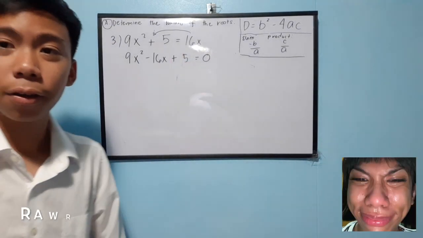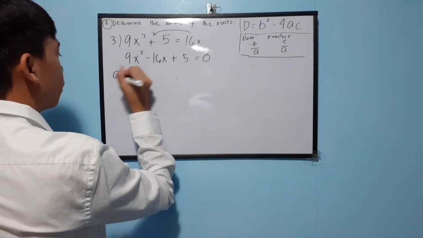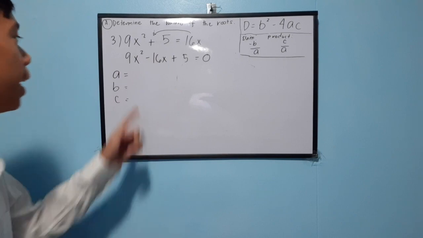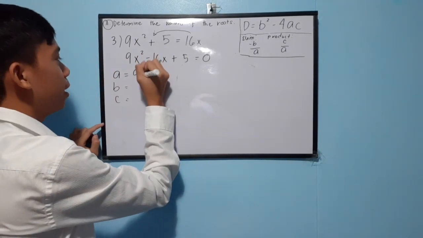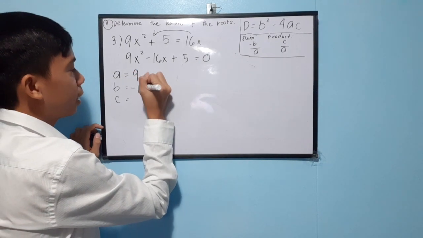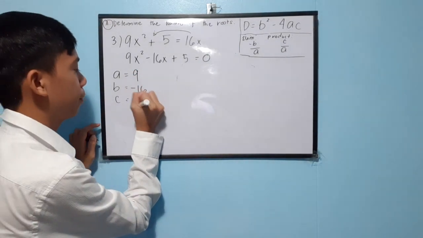Now let's determine the A, B, and C. So A is 9, B is negative 16, and C is 5.